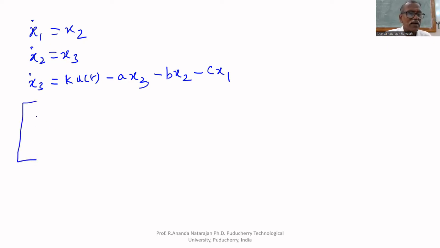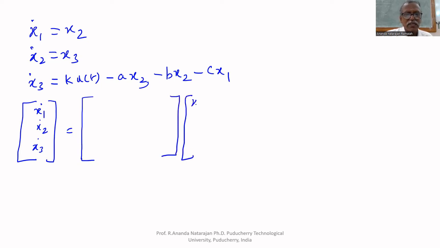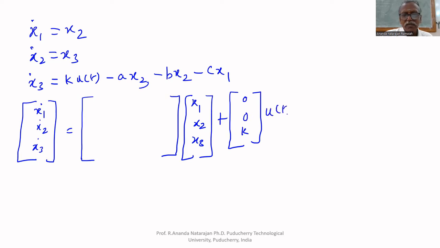If you put this in matrix form, x1 dot, x2 dot, x3 dot equal to, I am putting all these constants as the coefficients of the state variables x1, x2, x3, taking the state variables outside, plus the input. Input also I am writing separately, k u of t. I will explain.